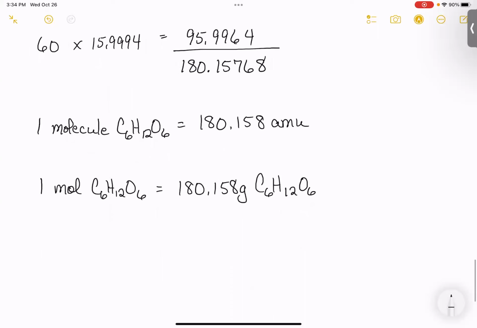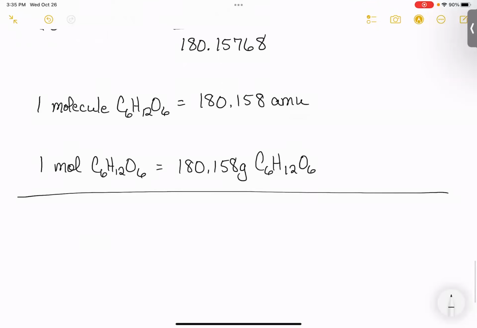So the harder question is actually the questions that involve more than one polyatomic ion. So let's take Ca3(PO4)2. You have to remember what this actually means.